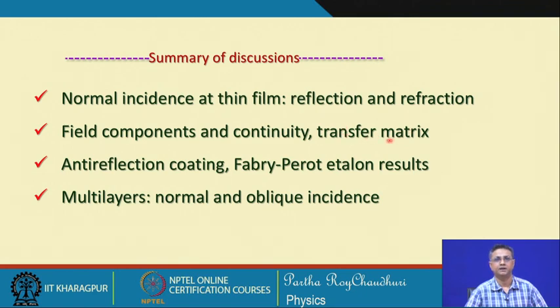From there, we showed the principle of anti-reflection coating, and the result for the Fabry-Perot etalon in terms of the finesse constant for transmittivity and for reflectivity. We also extended our discussion to multilayer structures, for normal incidence as well as for oblique incidence. Thank you.